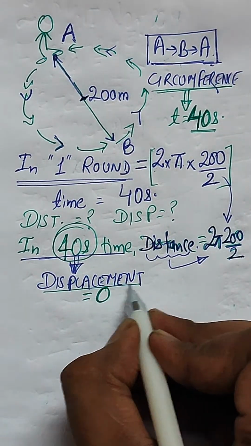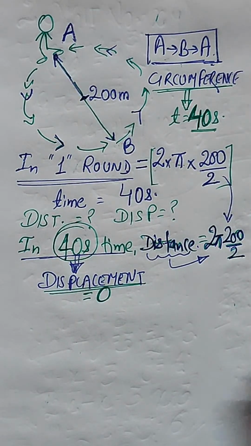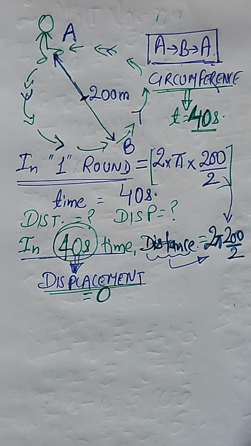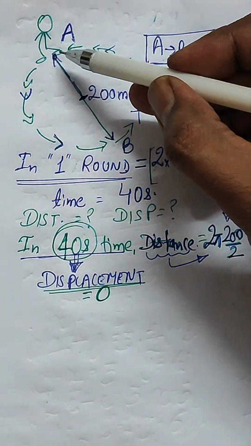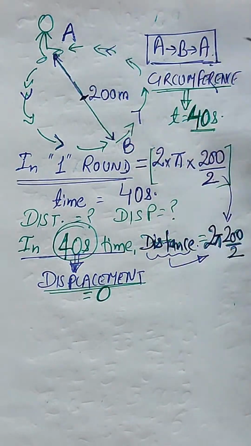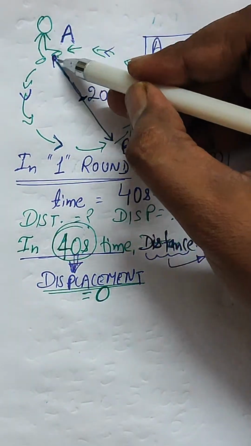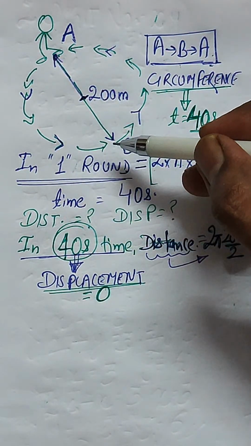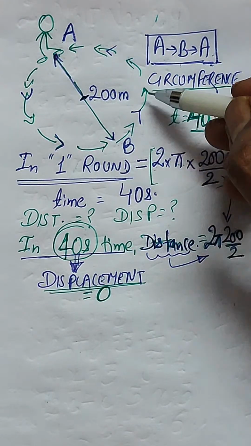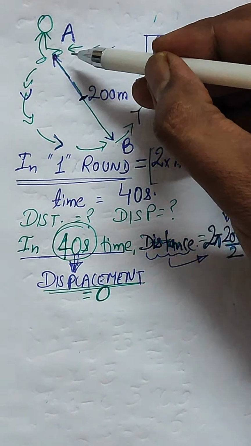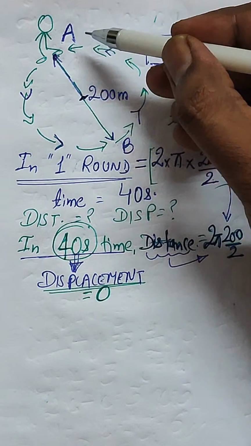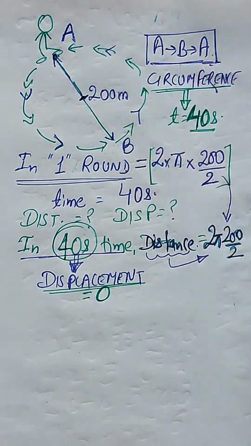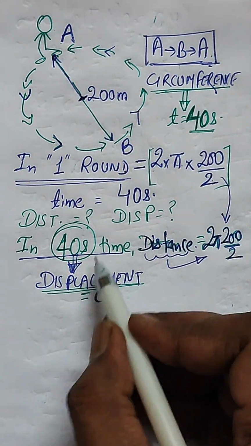Because what is the definition of displacement? Displacement is the shortest distance between the starting point and the end point. So here, the athlete starts from A, keeps on running, goes to B, again keeps on running, covering all the circular track, and reaches A. So the starting point and the end point of this athlete are the same.